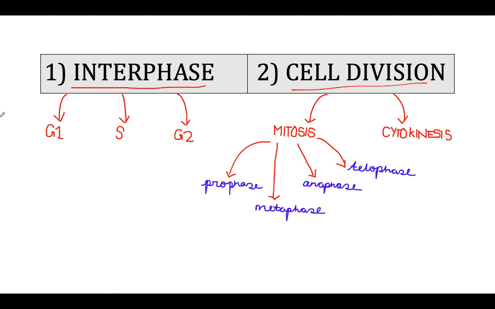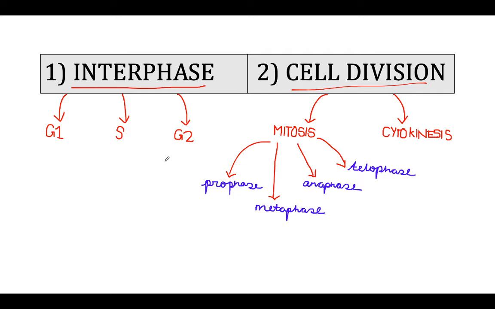Okay, so just to recap, a cell's life starts off at the G1 phase, it goes into the S, G2, then it goes to prophase, metaphase, anaphase, telophase, and then cytokinesis. Okay, so you can see how this organization level happens. So the two main components of the cell cycle, and then those smaller compartments of what happens within each of those stages.